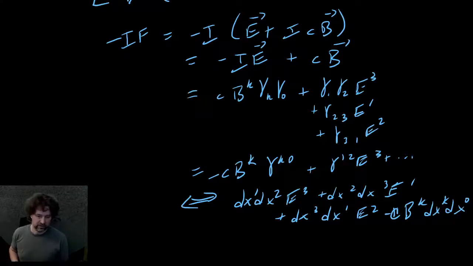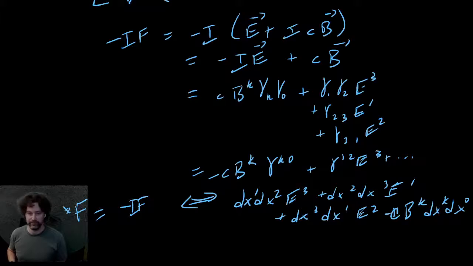There we go. Here is our minus IF, which we're going to call star F, the dual of F. So we have a representation of this. It's an ugly little beastie. We could probably write that out in a tidier way, but that's good enough.